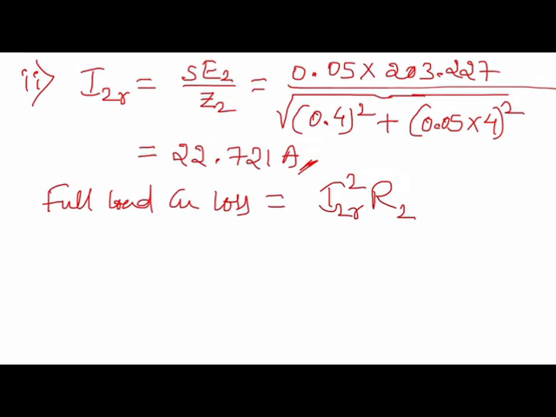Since this is a 3-phase machine, the total copper loss will be 3 times I2R squared into R2. Upon substituting all the values, we get the full load copper loss as 619.518 watts. This is the total copper loss of the induction motor.